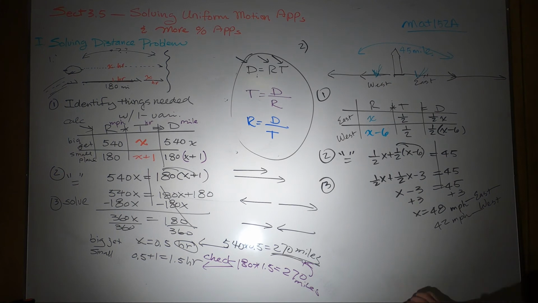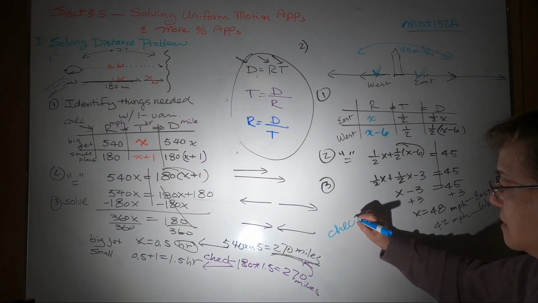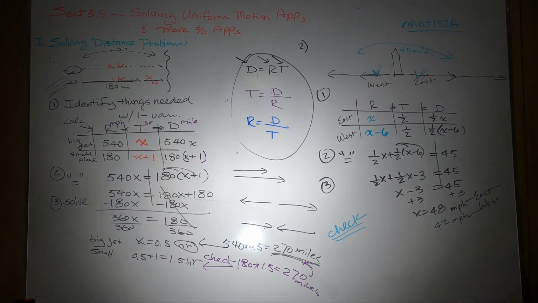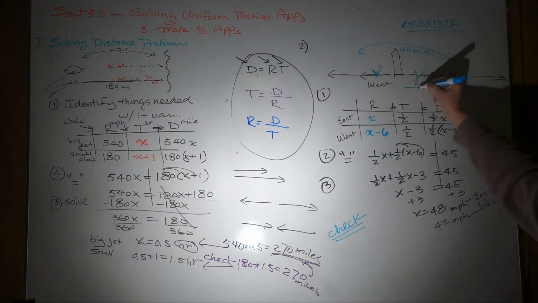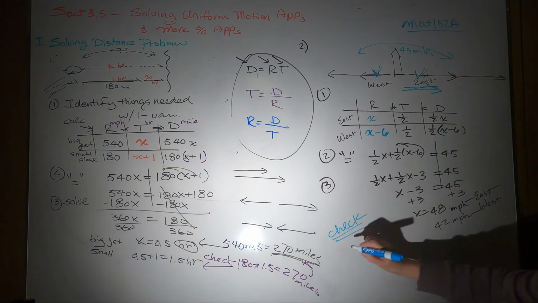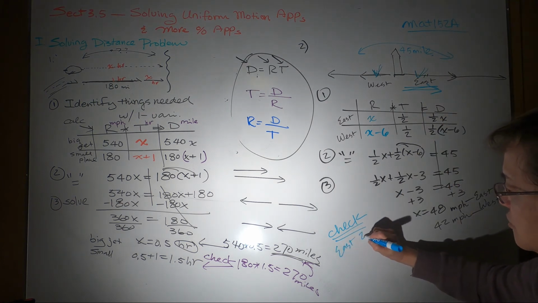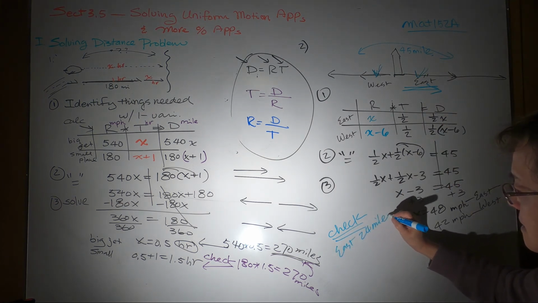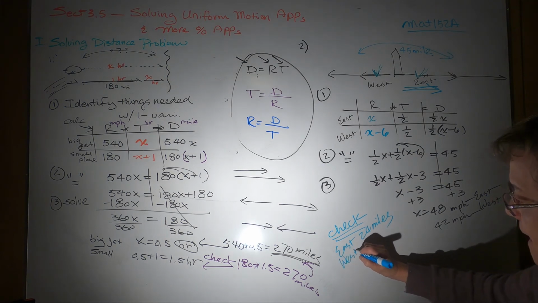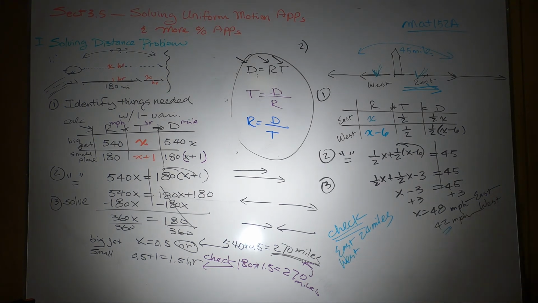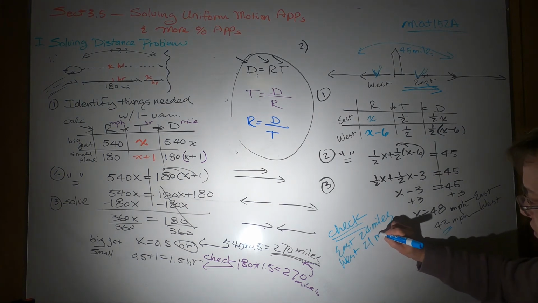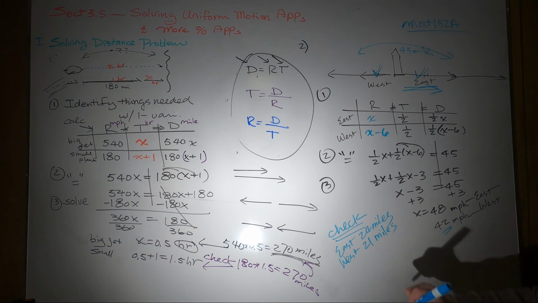How do you know you are doing right? How do you check? If you check, say 48 miles per hour for half an hour, so that would be what? 24 miles, right? Then for the west one, 42 miles per hour for half an hour, half of that will be what? Travel 21 miles.